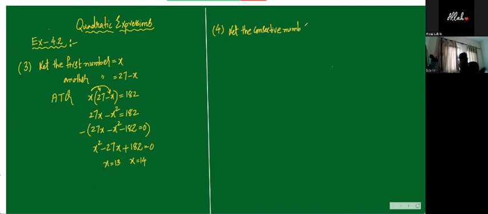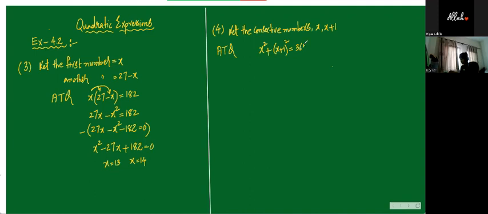You know the concept of consecutive. According to the question, the sum of the squares of these two numbers, x and x plus 1, is 365.